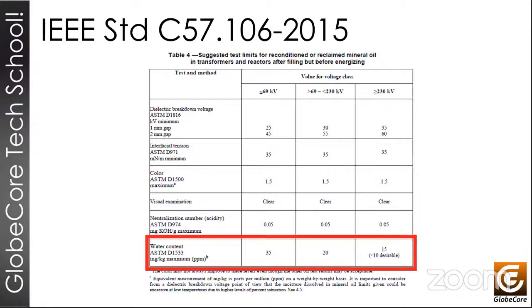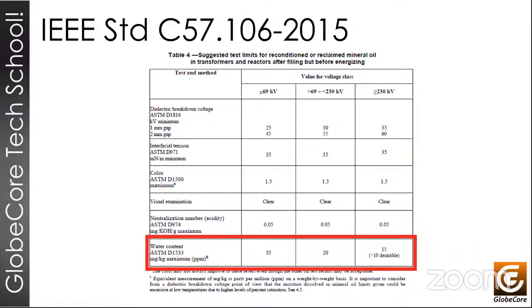And we see that for such insulating liquid, the voltage level at which they operate is important. So for the transformer operating at less than or equal to 69 kilovolts, the value is 35 ppm. In transformers from 69 to 230 kilovolts, we got 20 ppm, and in larger transformers, 230 kilovolts and up, we'll have an acceptable value of just 15 ppm.